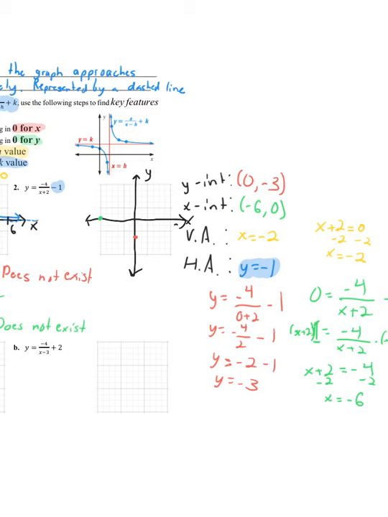I'll go ahead and label my graph too. There we go. And then I'll draw my asymptotes: x equals negative 2 and y equals negative 1.